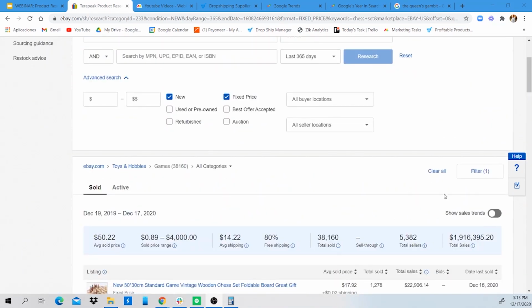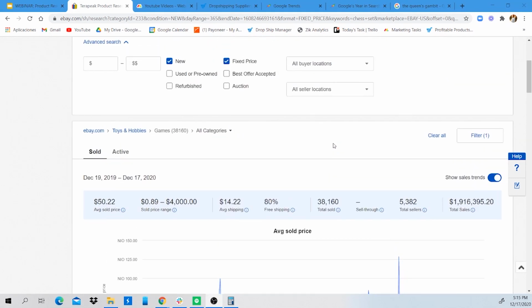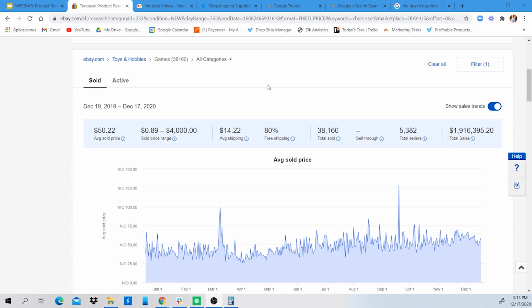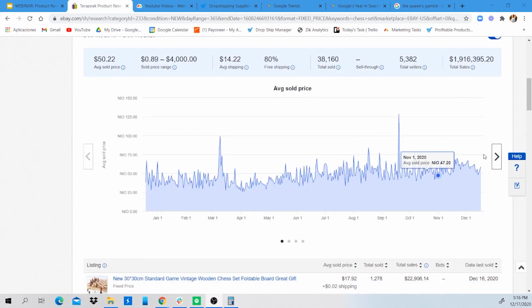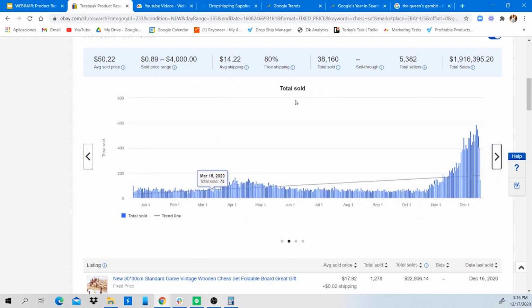Now, we can see the trends as well as we go over here. We have awesome charts and graphs, which I believe is one of the best features that Terapeak offers. I want to show you 2 types of graphs. The first one analyzes the trend line that you see here. Over the course of the year, there has been growth in this niche.